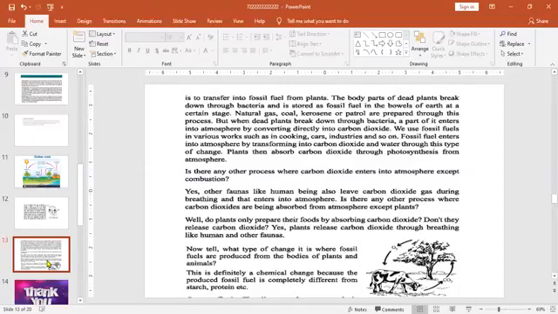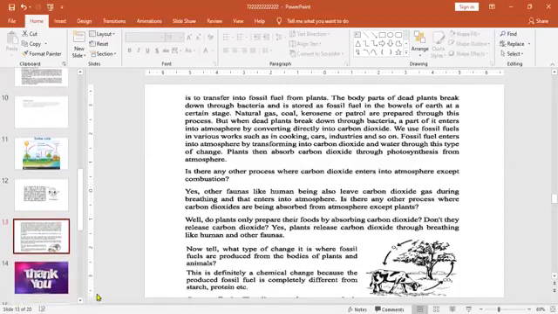Now tell me, what type of change is it where fossil fuels are produced from the bodies of plants and animals? This is definitely a chemical change, because the produced fossil fuel is completely different from the starch and protein.